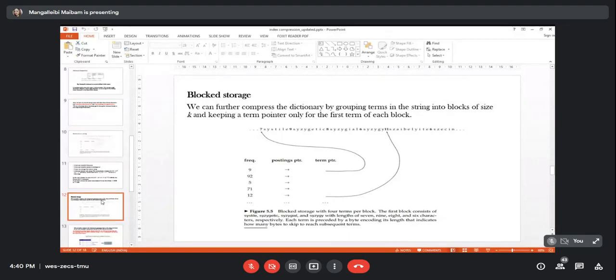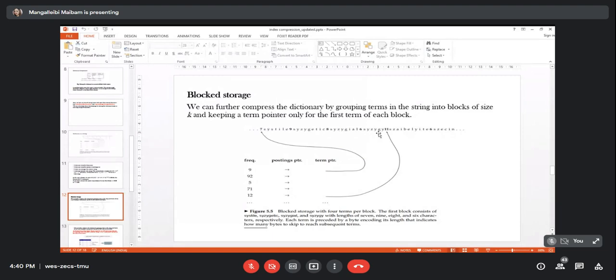Then we put the number of characters each term has in front of the term, and the term pointer goes only to the first term in the block.